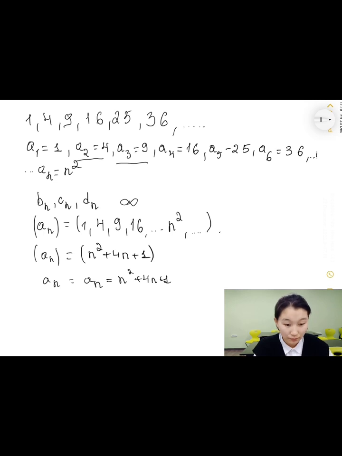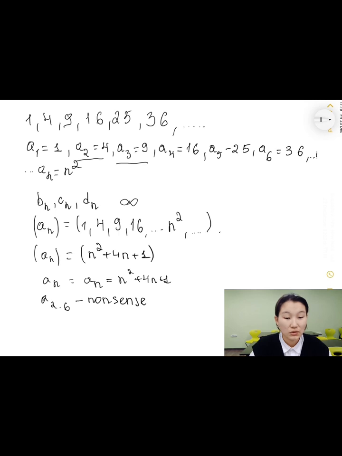An expression like a2.6 is nonsense. Why? Because we can't talk about the 2.6th term of a sequence.